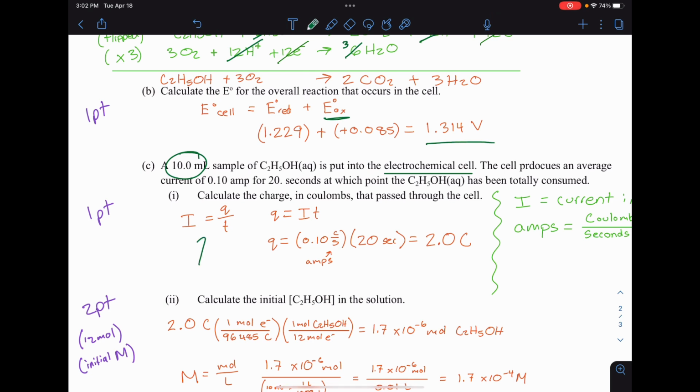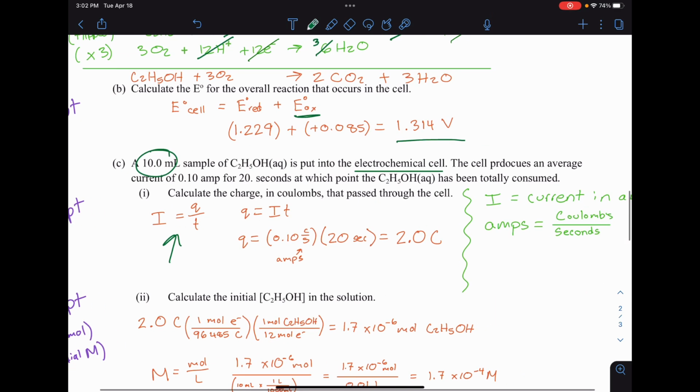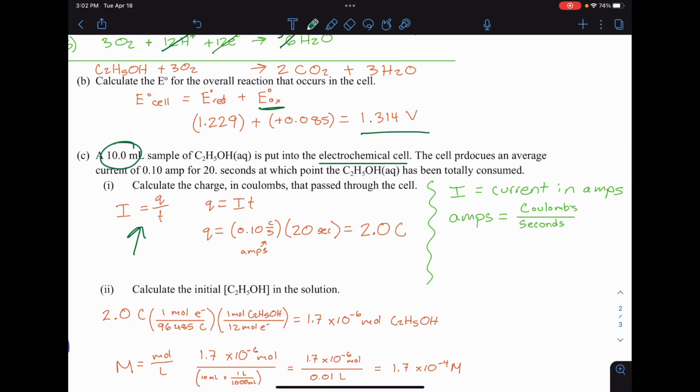So we have to remember this nice little equation. I'd have to double check to see if it's on your equation sheet, but you also need the concept of this. Let's look at what I have written in green, which is not necessary for the point here, but just some extra information. So I is equal to current in amps. So this is I, the 0.1 amps.